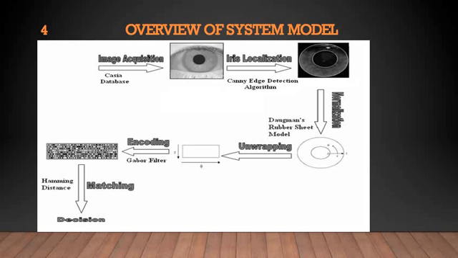In the localization part, we take the pupil out of the image and remove all the eyelids and all the parts that we do not need. After that, normalization and unwrapping are done. And after encoding using a Gabor filter, we calculate the Hamming distance between the two images to find out how closely related they are, and then we make a decision based on our Hamming distance.